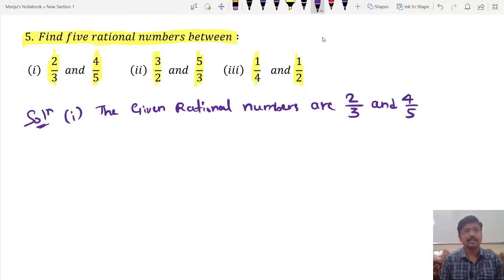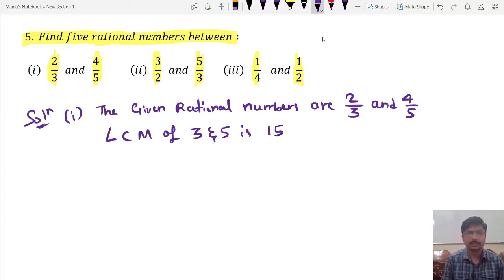Dear students, if you look at the denominators of these two rational numbers, are the denominators the same? No. Therefore we have to consider the LCM. LCM of 3 and 5 is 15. 2 by 3, multiply numerator by 5 and denominator by 5.